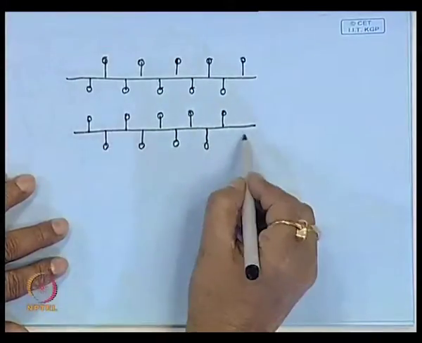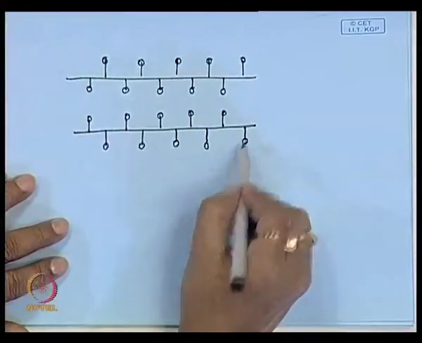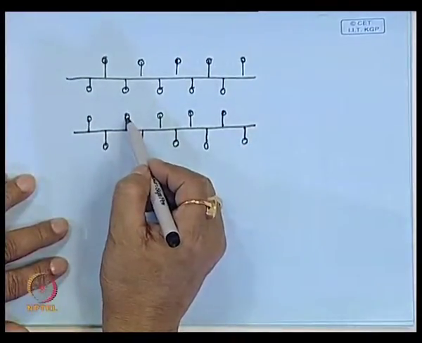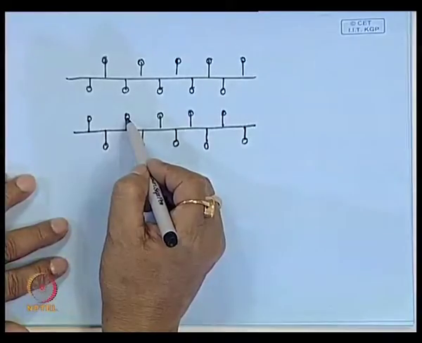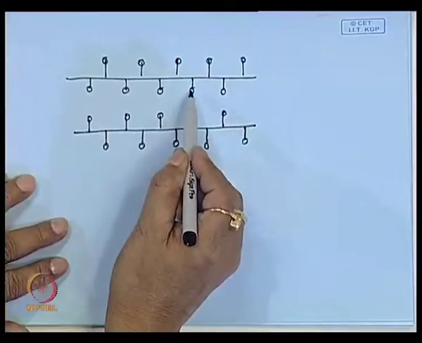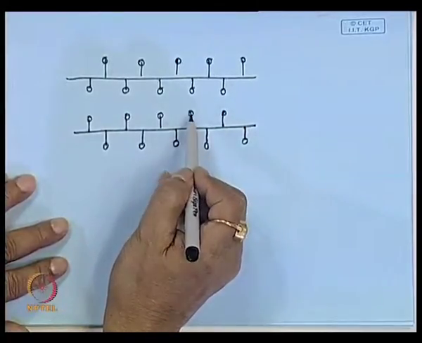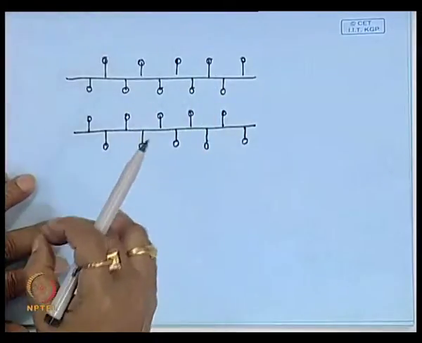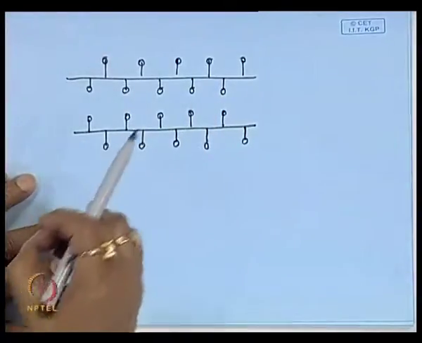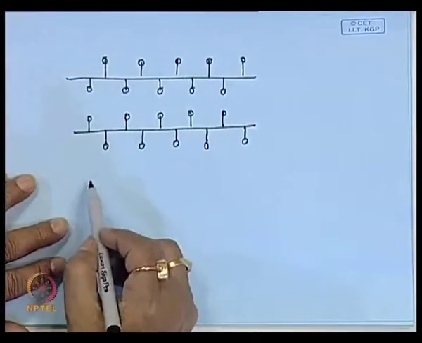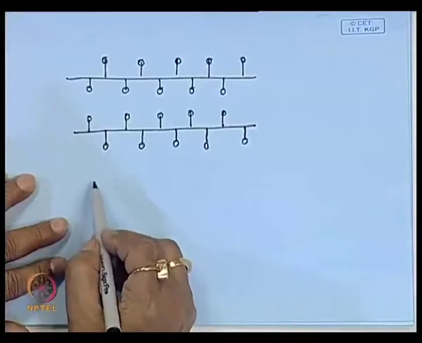Identical arrangement. Now, this mesogen can interact with this mesogen. This mesogen can interact with this mesogen. This mesogen can interact with this mesogen. That means there will be intermolecular interactions through these small mesogenic groups. Now, we can have an arrangement also like this.